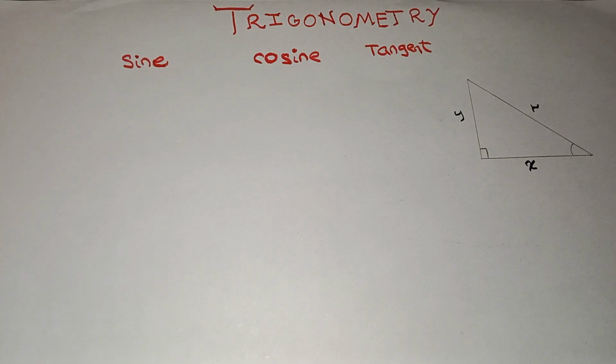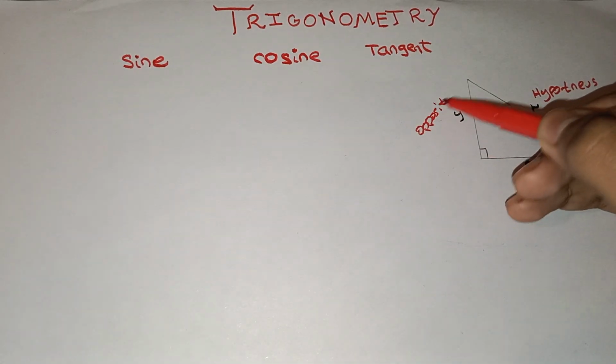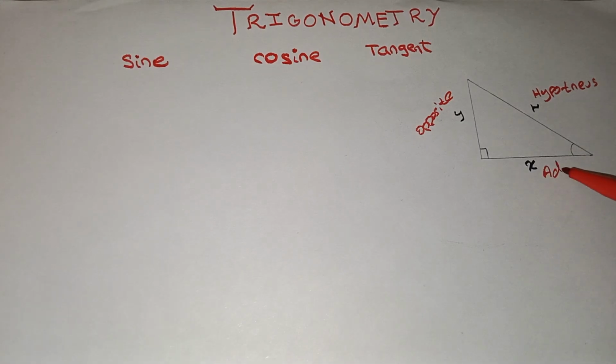So sine equals opposite upon hypotenuse. Hypotenuse is this. Opposite is the side opposite the angle, so opposite is this, and adjacent is this. We have identified hypotenuse, opposite, and adjacent. The hypotenuse is always identified as the greater side of the right angle triangle.